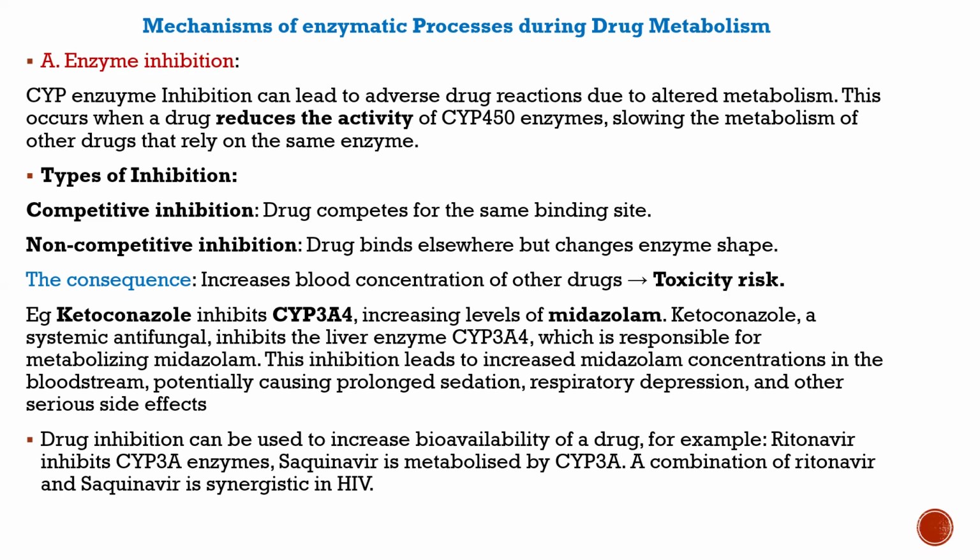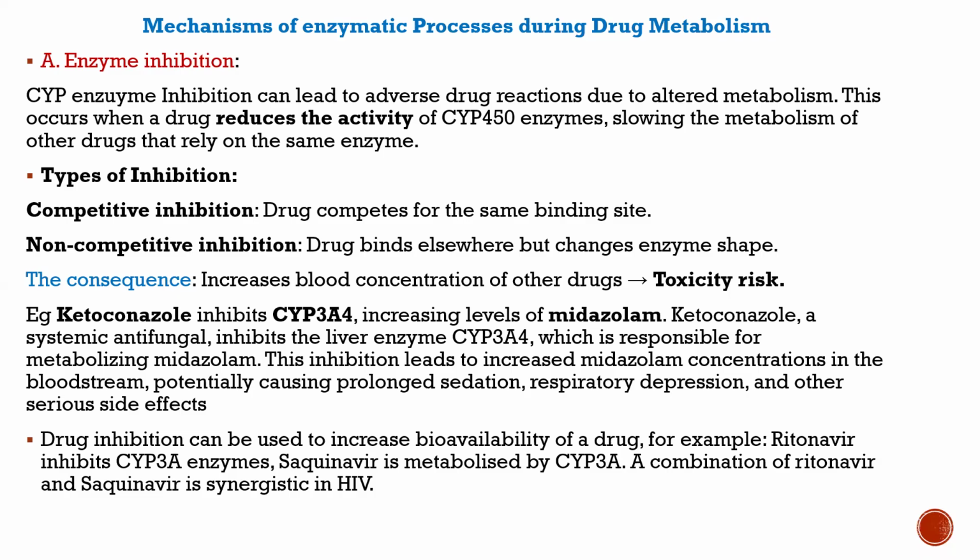Do you understand what I'm talking about? So that's what enzyme inhibition is, when a drug inhibits the activity of cytochrome P450 enzymes, which slows the metabolism of other drugs that rely on the same enzyme.